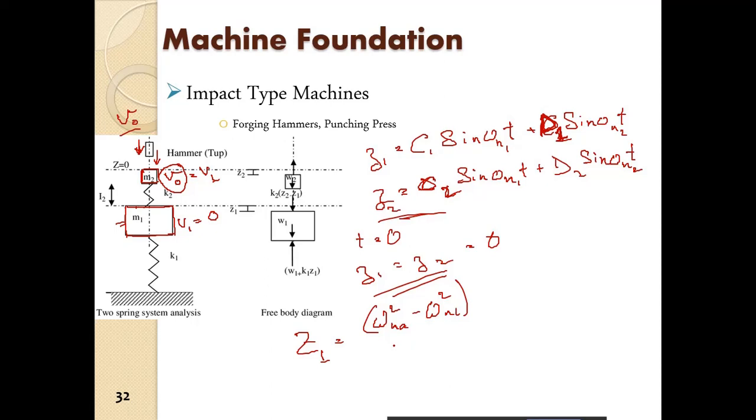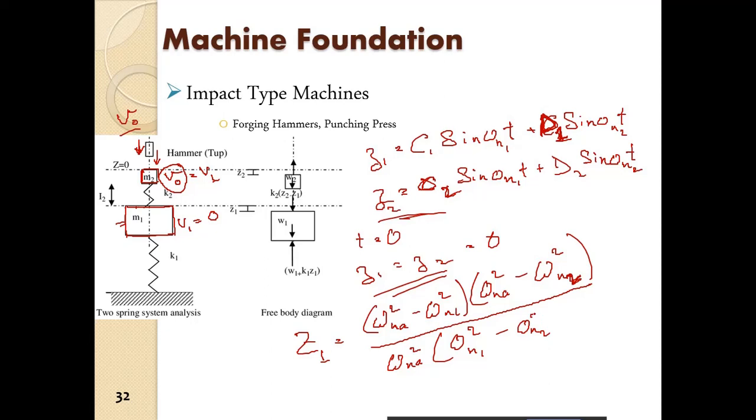Okay, that you have already obtained. Apart from that, we have omega n a square minus omega n2 square, sorry, this will be n2, and divided by omega n a square into omega n1 square minus omega n2 square, into the v naught.